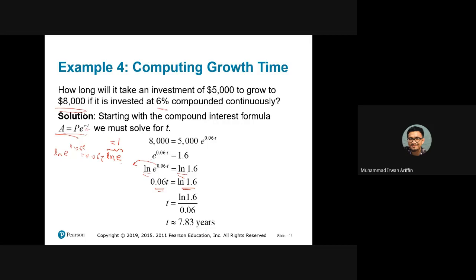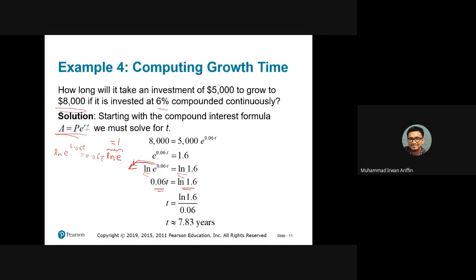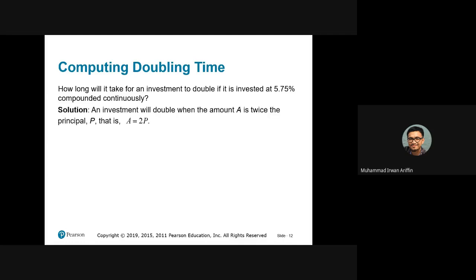So this is the trick. How do we get rid of the irrational number e? We always put the natural log, then we can bring the power to the front, and natural log of e gives us the value of 1. That's why this irrational number e is very, very useful. All other examples I'm going to leave to you because they involve the same applications.